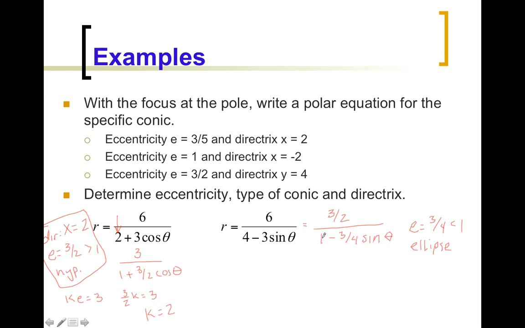I then need to look at the fact that 3/2 is equal to K times E, which is 3/4, multiply by the reciprocal. I get K equals 2 again.